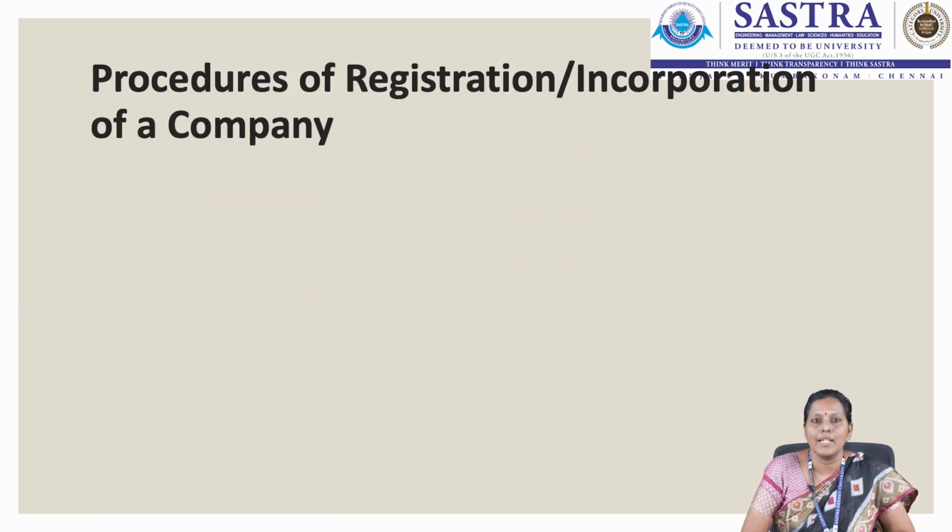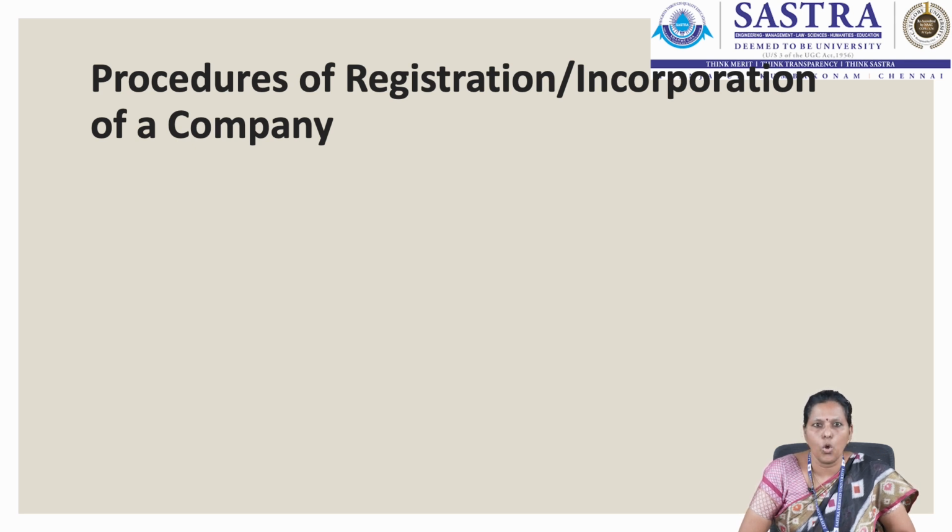Next, let's look at what are all the procedures for the registration or the incorporation of the company. Before we get into the steps, we should know that Section 3 of the Companies Act of 2013 looks at the minimum requirements to start a company.